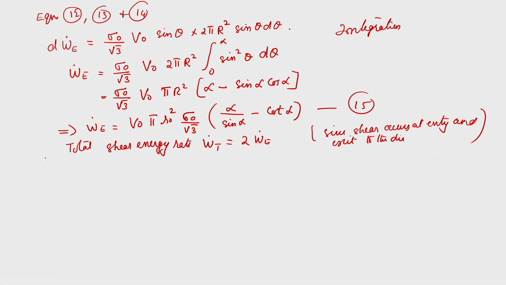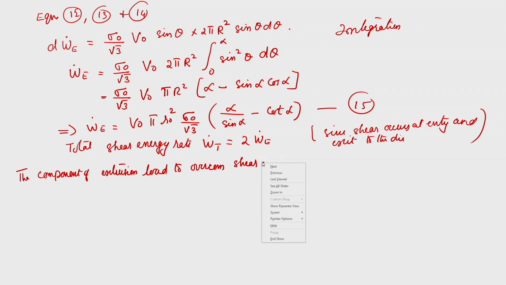So, we can say that the component of extrusion load to overcome shear energy, the P D S, is equal to W dot T by V 0 per unit volume.